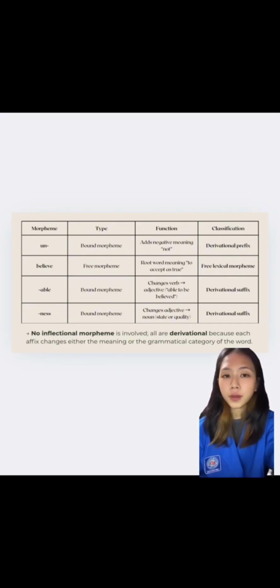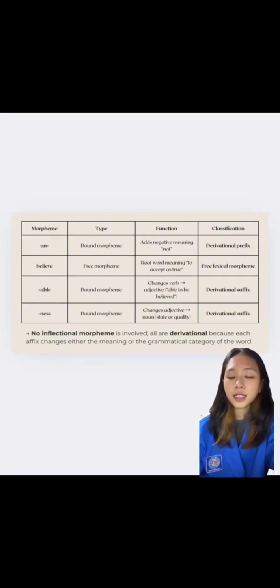Okay, I will explain it. Morpheme breakdown. The word unbelievableness consists of 4 morphemes. Un as a negative prefix, believe as the root, able as an adjective-forming suffix, and ness as a noun-forming suffix.